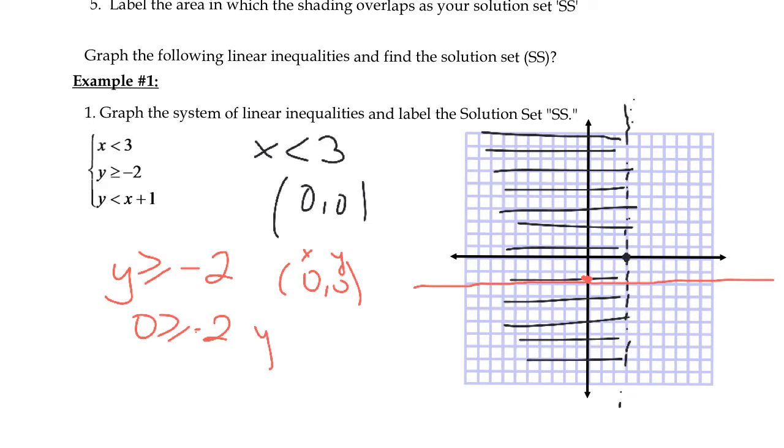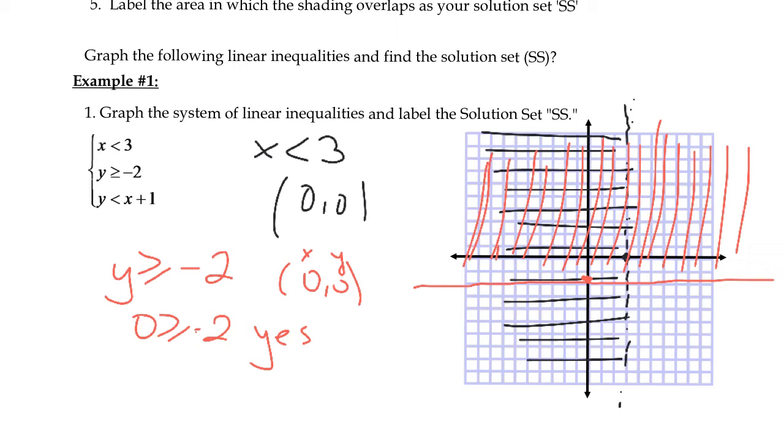The answer is yes. So that means the origin (0, 0) should be shaded. So now I will shade everything above the red line. It may be a little confusing because the colors make it kind of difficult to shade things, but I'm now shading everything above y equals -2.